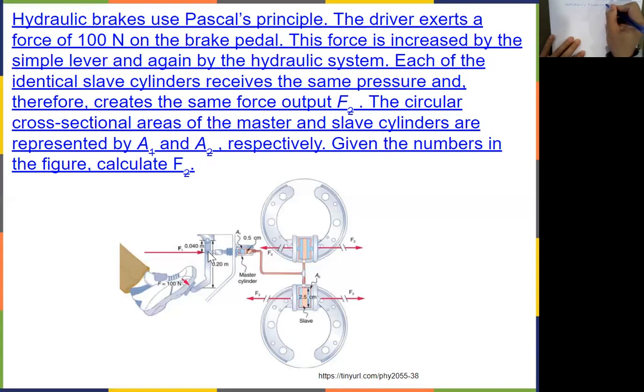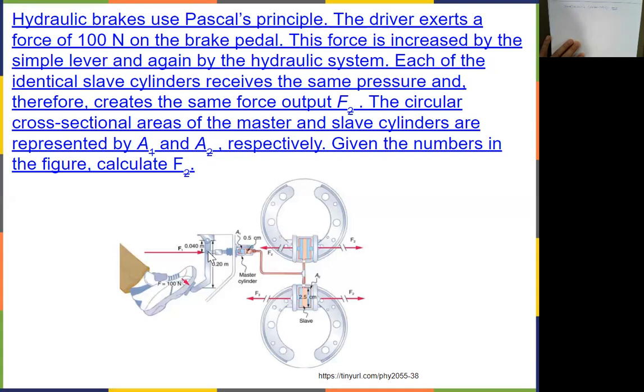Then you can solve for F1: 100 times 0.2 divided by 0.04. All right, so that would be 500 newtons.